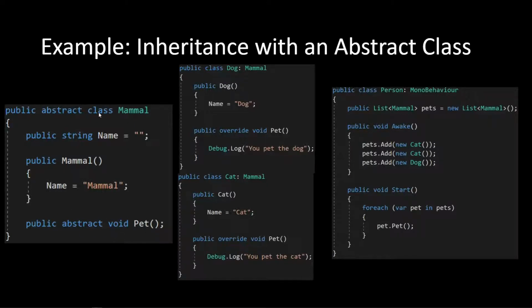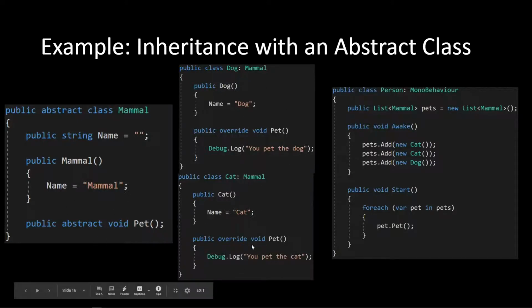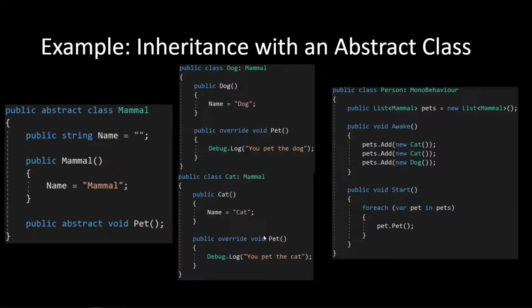So it's saying, okay, you can't use this class on its own. You can't call this pet method here, but you can use it to derive these new classes from, as long as they are overriding this abstract method. And everything else works just the normal way. It doesn't seem any different from this part here, but it's just saying, okay, you can't have just a mammal.